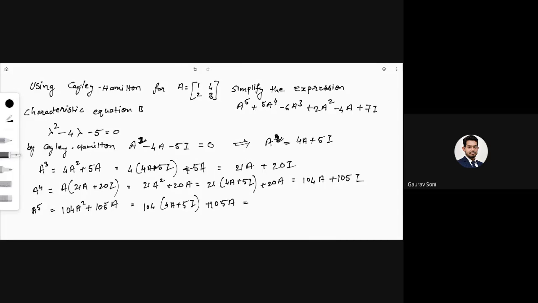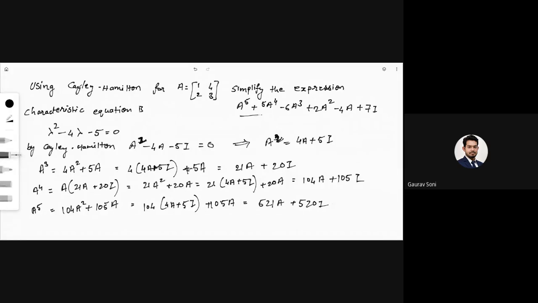You can put the values and simplify, and that will be 416 plus 105, that is 521a plus 520i.